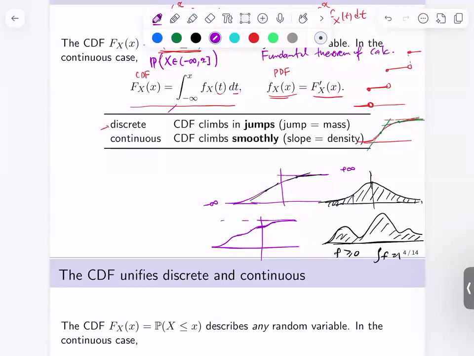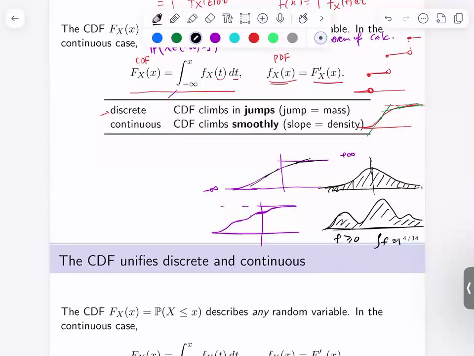Potentially you could have a PDF that has something here and then 0 here and then jumps again. So in this part, because there's no mass, the derivative is 0. If you look at the CDF, it would be flat here. So it goes up, and as the PDF goes down here, it's going to be flat, and then it goes back up and starts to die.